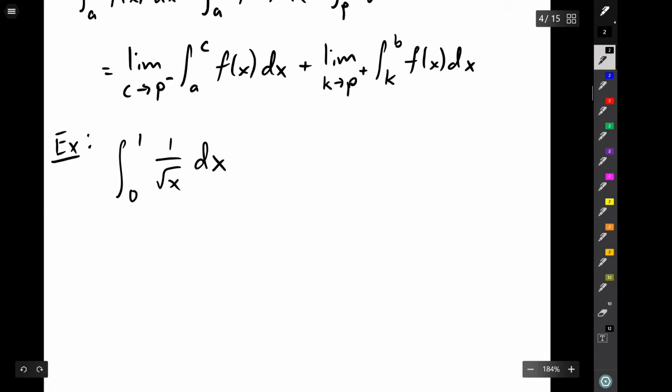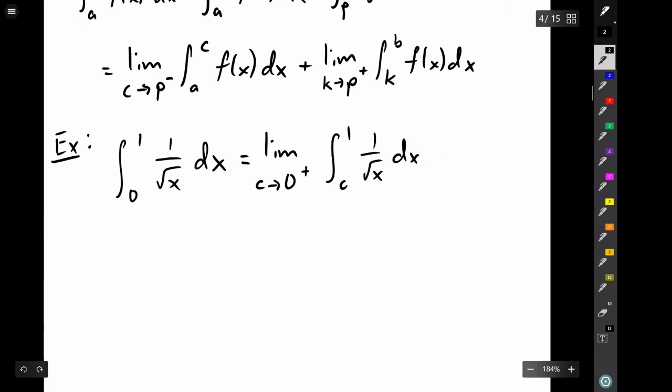So this function has a discontinuity at x equals 0. To compute this, we have to take the limit as c approaches 0. Now again here, since that 0 is at the bottom, we have to approach it from the right side of this integral from c to 1 of 1 over square root of x dx.